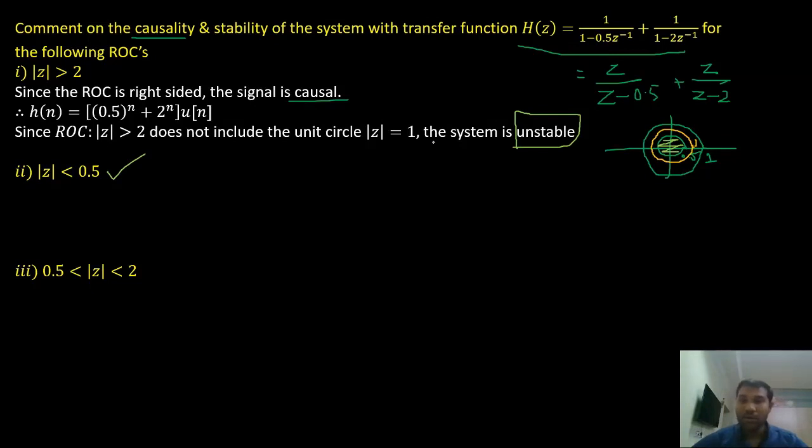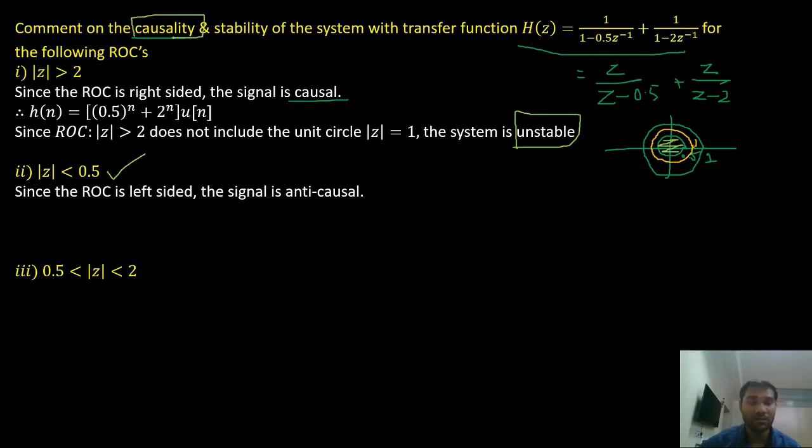So if it is inside the inner circle, the ROC is left-sided and the signal is anti-causal. So the comment on the causality is that the system is anti-causal, and its corresponding h of n, the impulse response, is this.